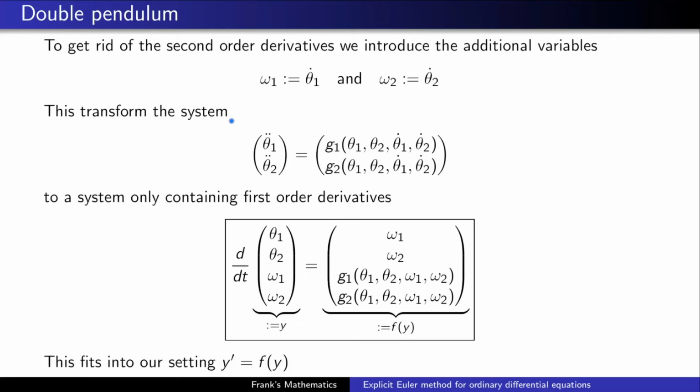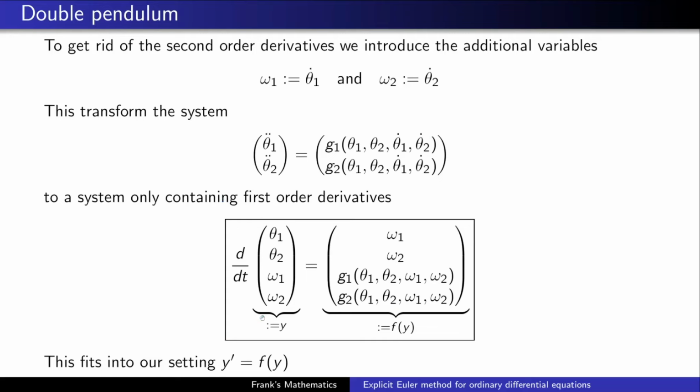To get rid of the second order derivatives, we introduce additional variables and call them omega 1 and omega 2. So omega 1 is just theta 1 prime and omega 2 is theta 2 prime. So these are the missing first order derivatives. And if we transform the system into a system containing only first order derivatives just by adding these two additional variables, we end up with this super nice equation here.